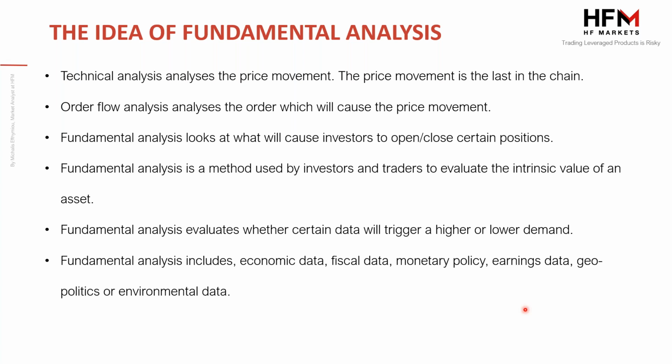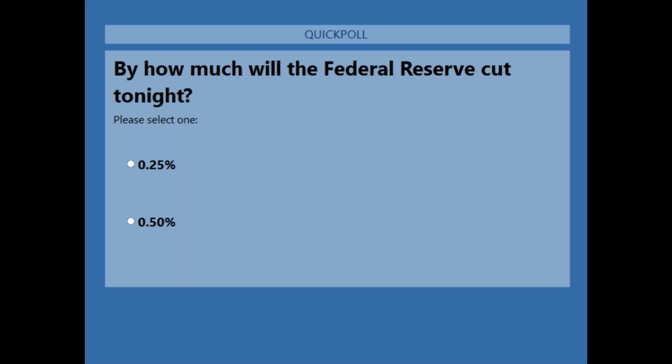Now, before we get started at looking at fundamental analysis, let's very quickly do a poll because I'm very interested to see what people think. And to be honest, I think everybody else watching wants to know what people think as well. Tonight, we have a major announcement, such a big announcement. There's going to be a lot of volatility.